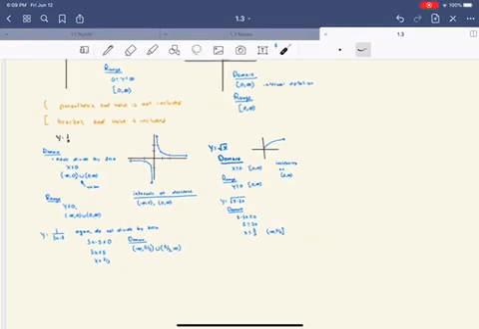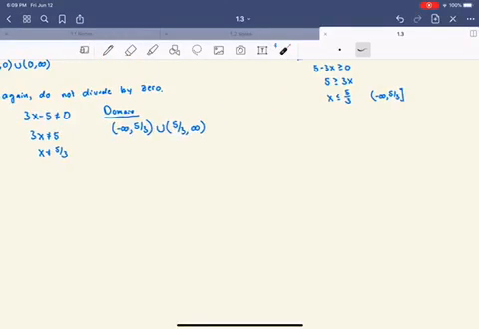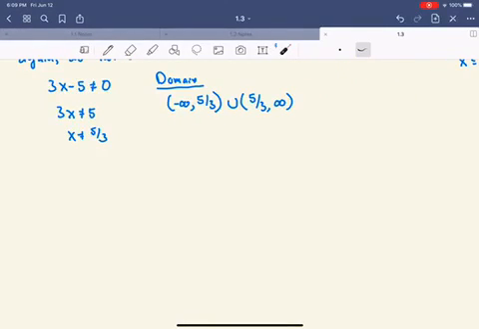Okay? All right? Let's take another one. Let's take y equals 1 over the square root of x. And we're going to find the domain here.